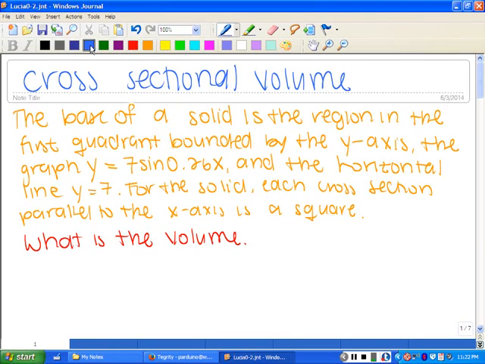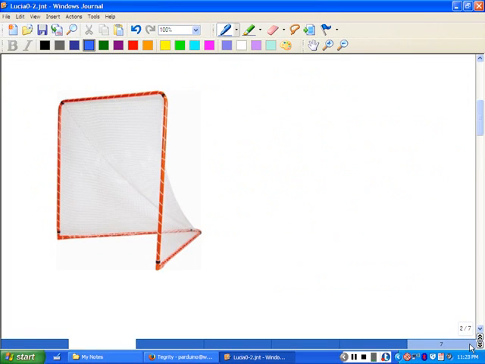Well, first of all, let's just try to think. What does all of this really mean? So, the first thing I thought of was the crossbeam.